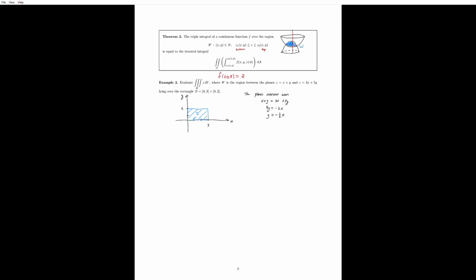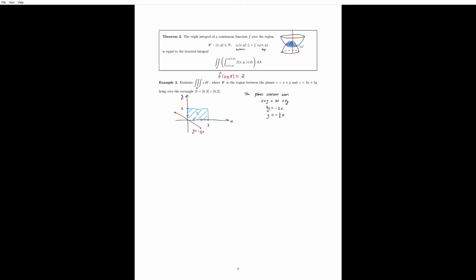So negative 1/2 x, if we sketch this, comes through like this. So this is the line of intersection of the two planes. What this means is the only location where the planes are equal is on this line.